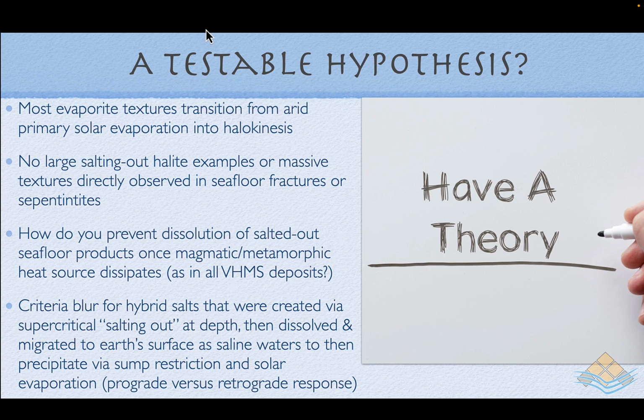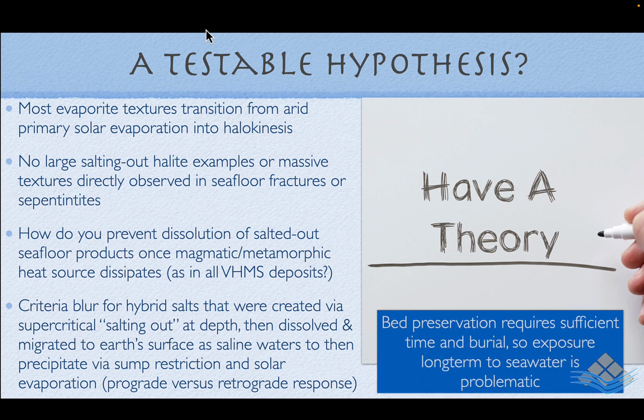That system could be supplying ionic species into venting systems, which are modifying the chemistry of seawater as they dissolve from the fractures, as we cool the system down, and they migrate to the Earth's surface as saline waters. So we may have a source of saline waters, hydrothermal saline waters, that can then precipitate via sump restriction and solar evaporation.